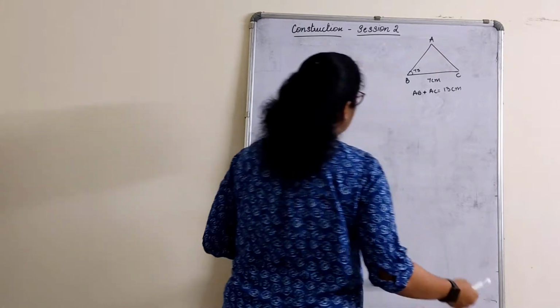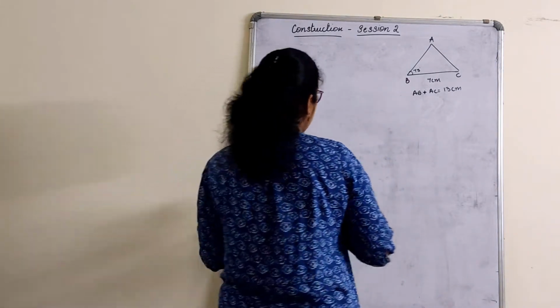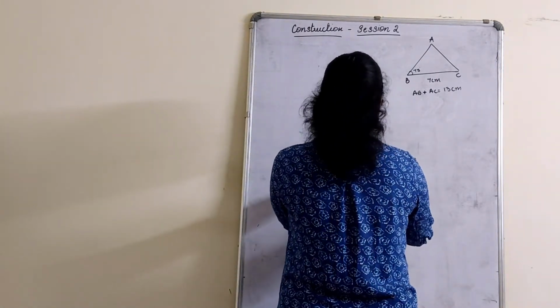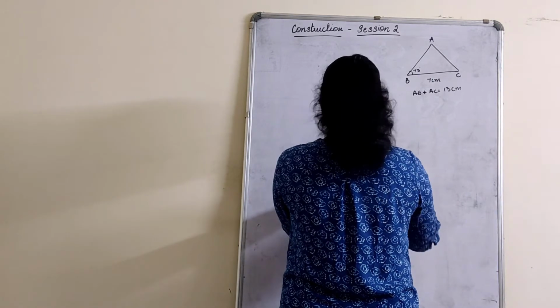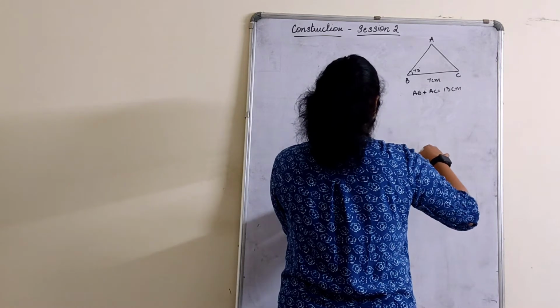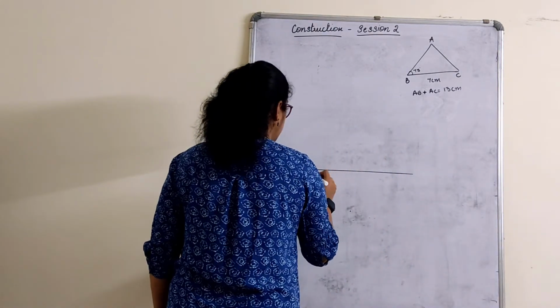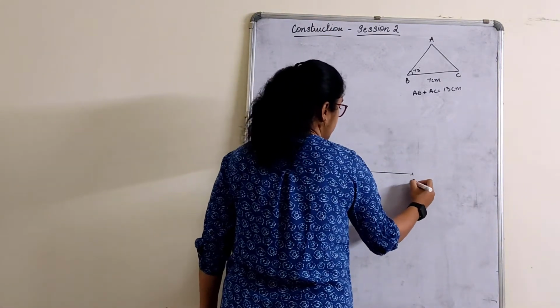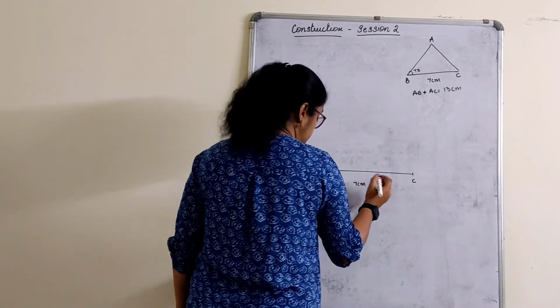So we construct BC as a base, 7 centimeter. Okay, so we'll mark the base as 7 centimeter first. Write that BC, which is 7 centimeter.